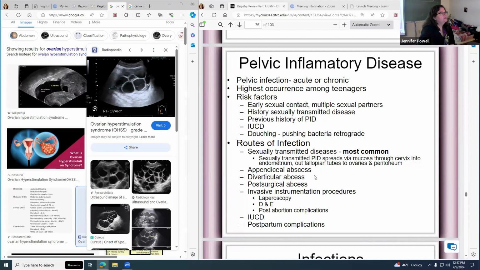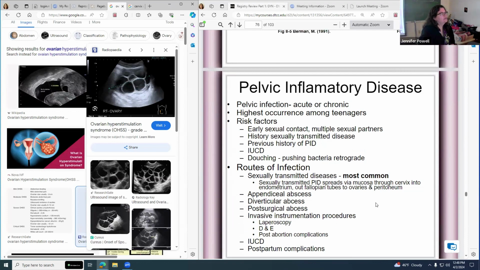You could end up with appendiceal abscess, diverticular abscess, post-surgical abscess, invasive instrumentation procedures such as laparoscopy, D&E, which is dilation and evacuation, which I believe is the new term for D&C. They now say D&E, post-abortion complications, IUCD, or postpartum complications are all routes of infection.